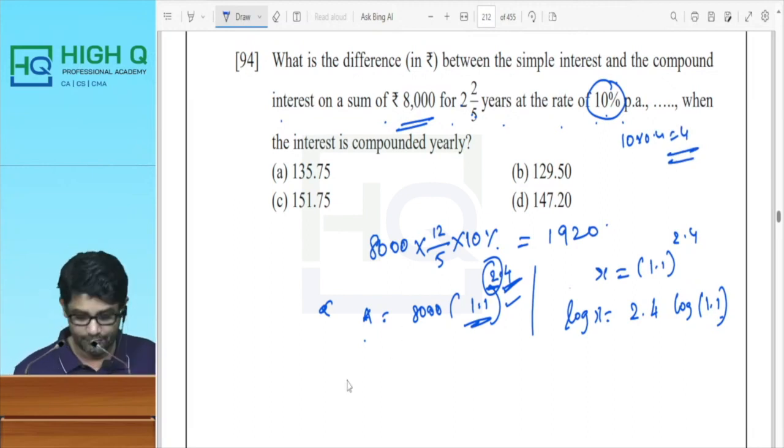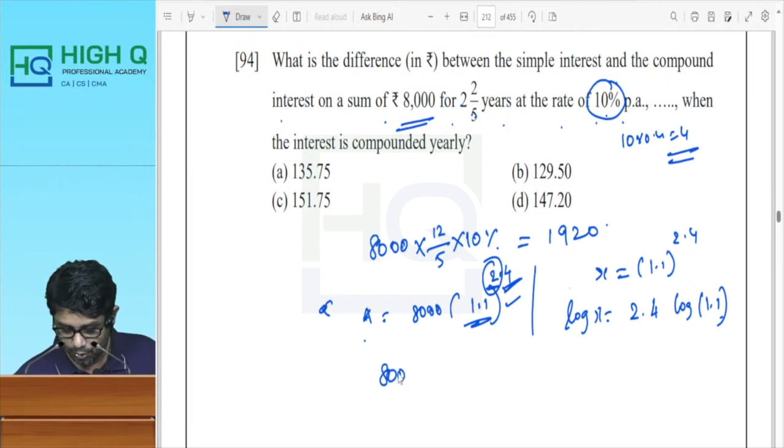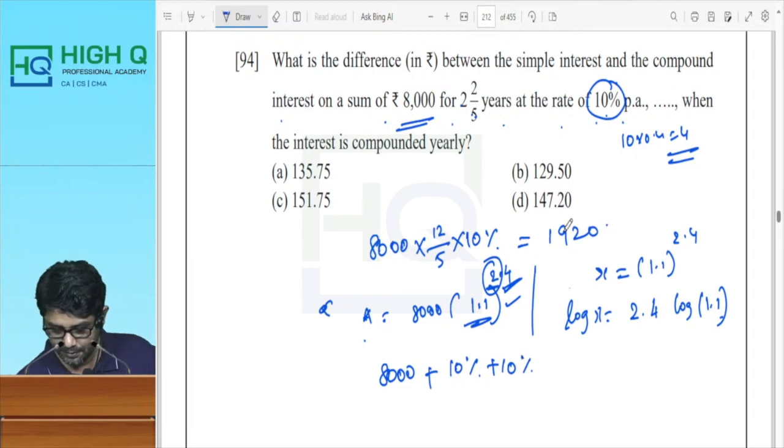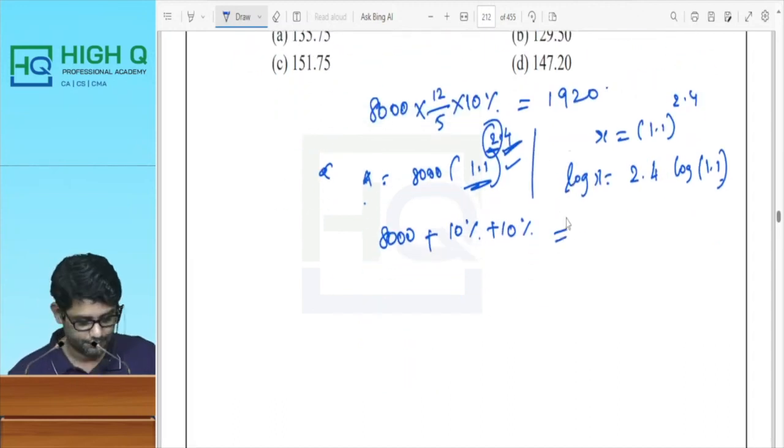That is another way of proceeding. Now look at this: 8,000 plus 10% plus 10%. Then what did you get? 9680. Then 8,000 plus 4%, 4%.